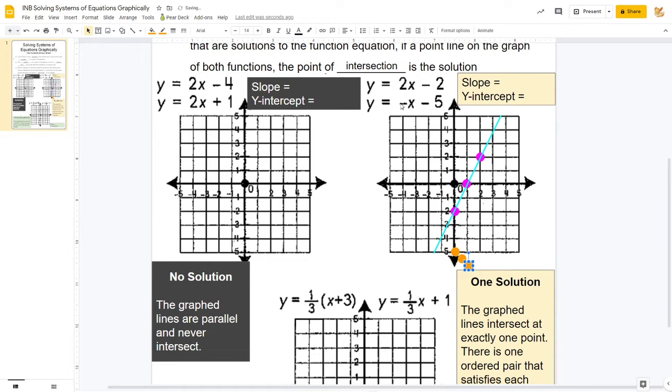Okay, -1 means I go down 1, right 1, but the graph kind of stops there. So I'm going to look at it the other way, where I go left 1, up 1, left 1, up 1, because I'm still going the same direction, just going opposite. Okay, and I'm going to draw my line.